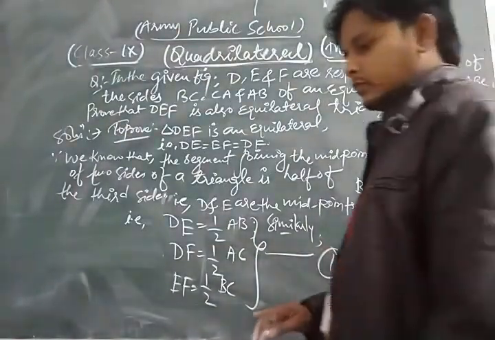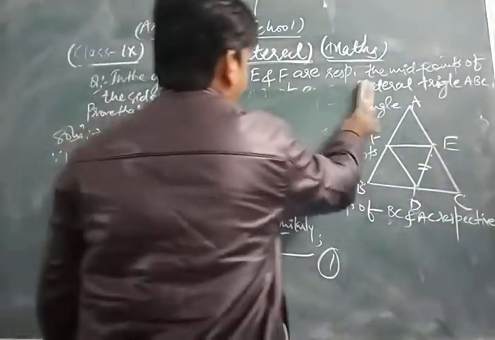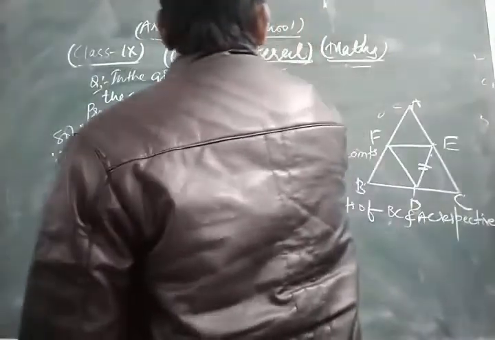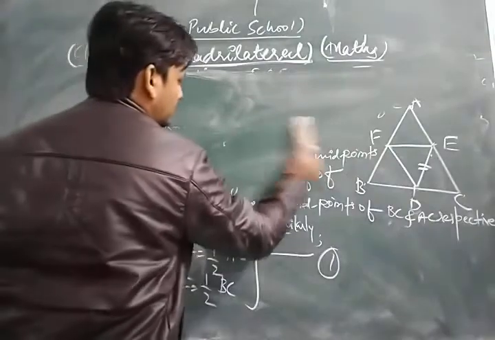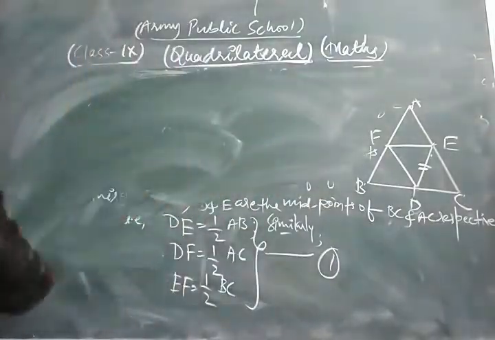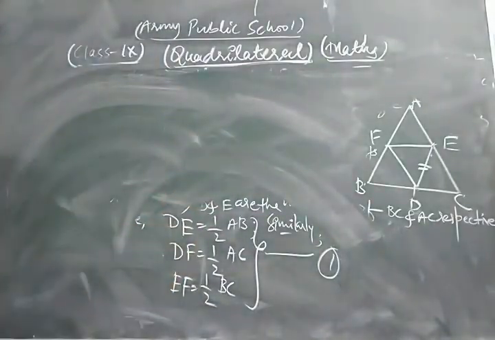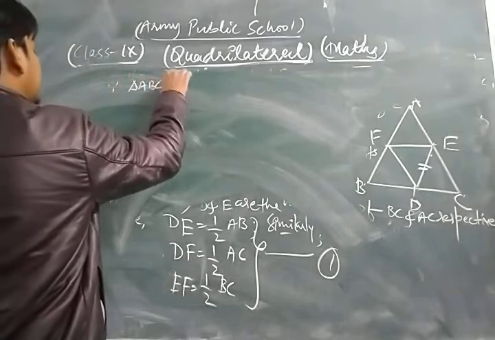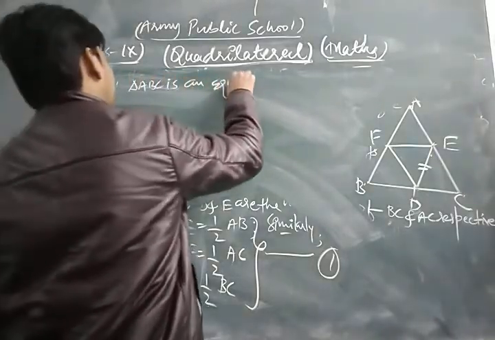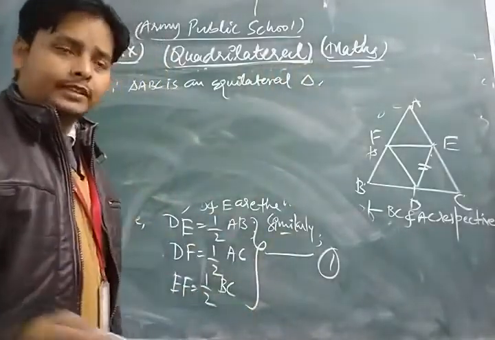Okay students, now look, since triangle ABC is an equilateral triangle, all its sides are equal to each other.